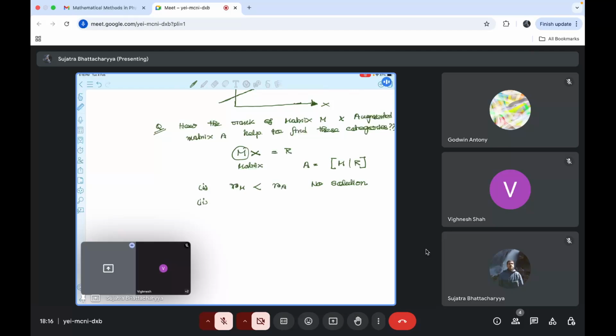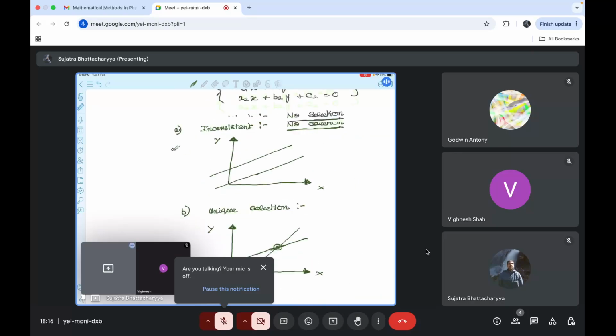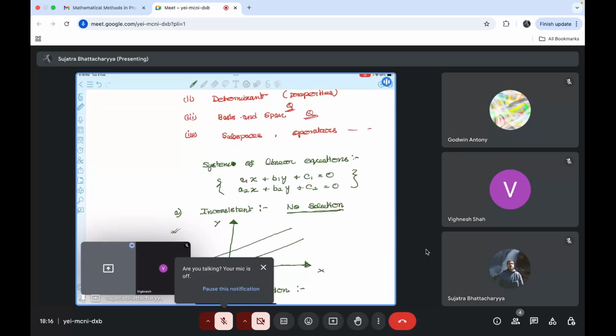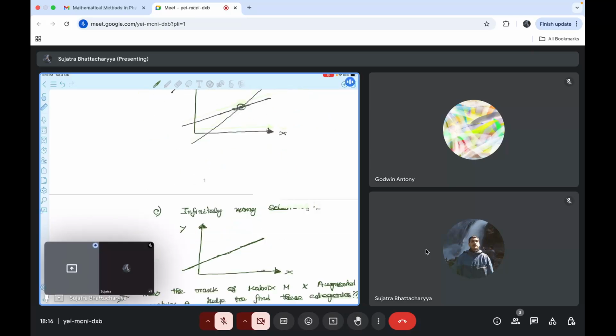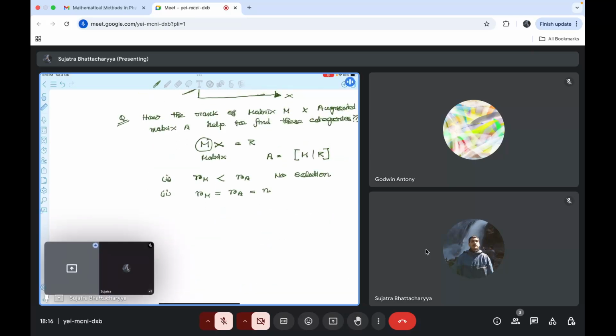Second observation is that if the rank of the matrix is equal to the rank of the augmented matrix and is equal to the number of unknowns. Unknowns means these are the unknowns. You have A1, B1, C1, and A2, B2, and C2, which you have the freedom to choose. The only thing you are calculating here is X and Y, so these are the unknowns.